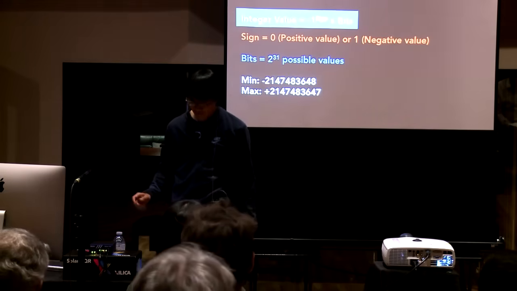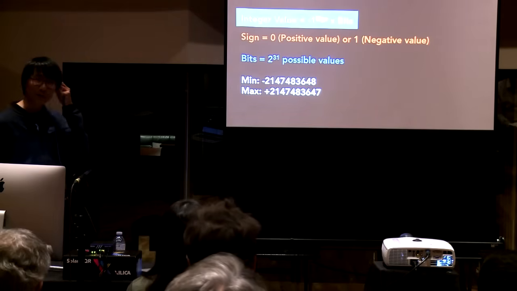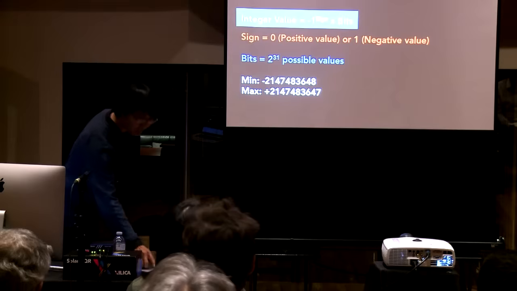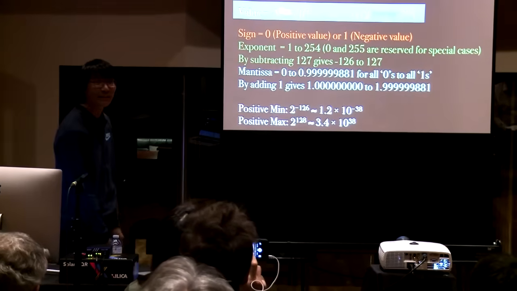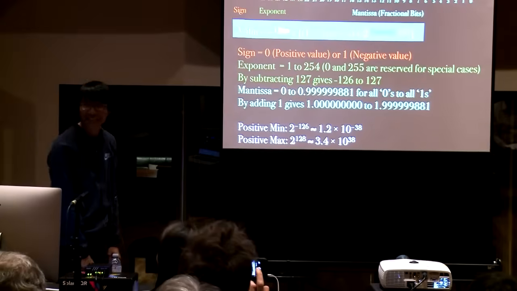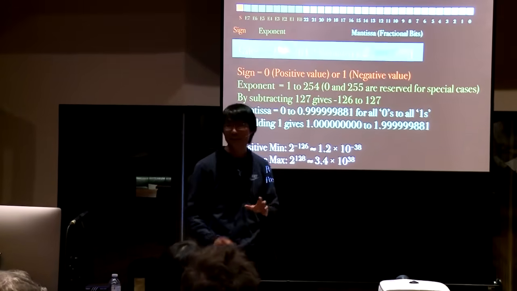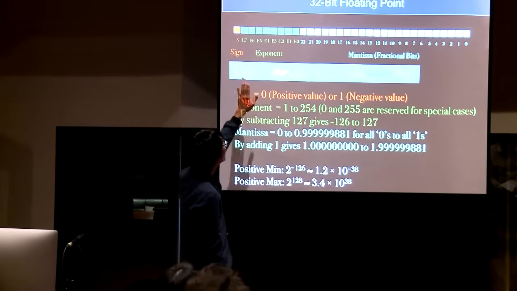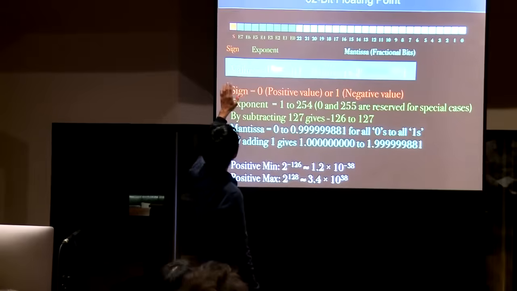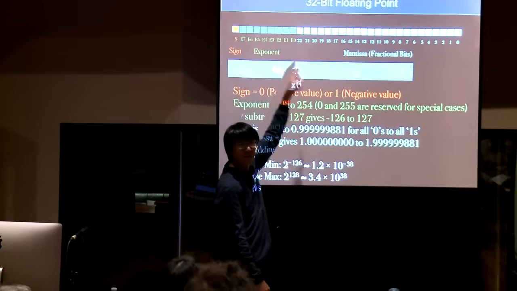Alright? So far okay? Now we move to the more complicated floating point. Does it look more complicated? Yes. But it's not that complicated after we understand it. So what floating point does is it steals 8 bits.